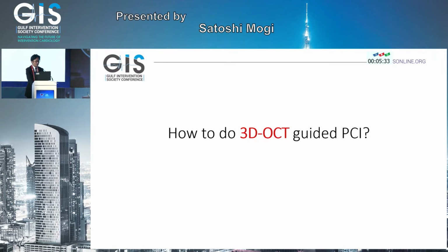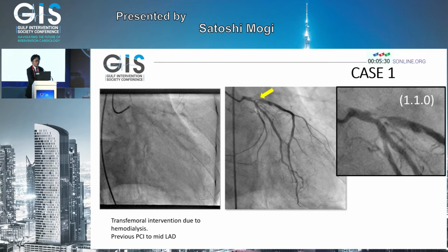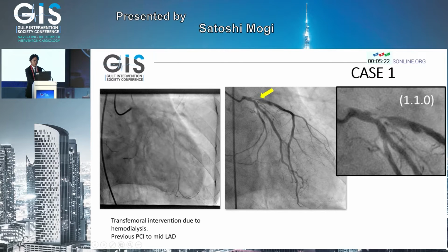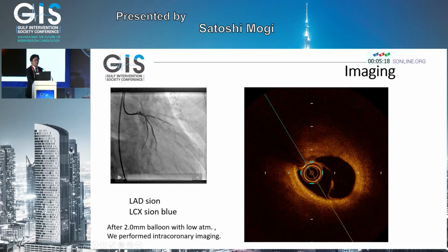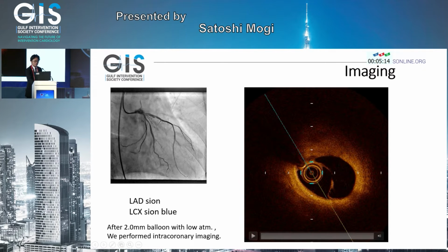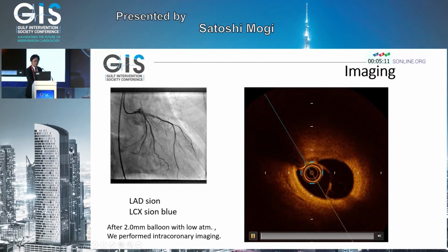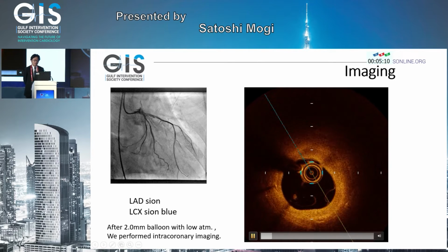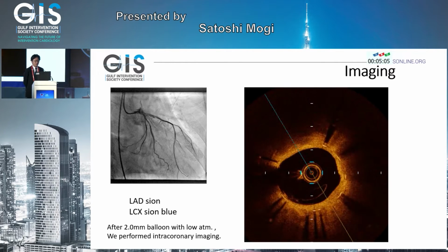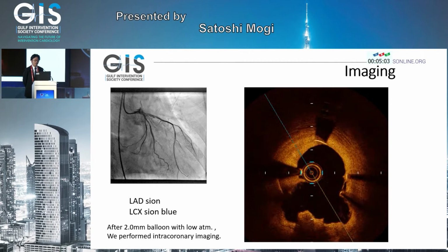So how do we do 3D OCT-guided PCI? I will show you two cases. This is a left main bifurcation. As you can see, there is a 1,1,0 type bifurcation lesion. We did OCT. He had a history of previous PCI and already had a stent.